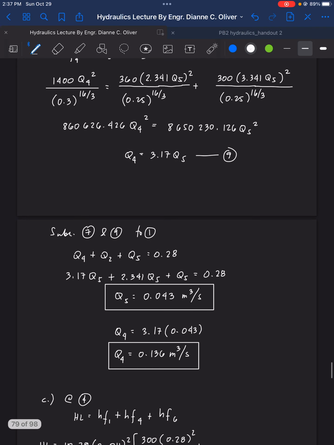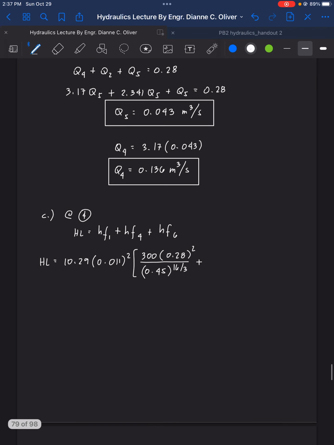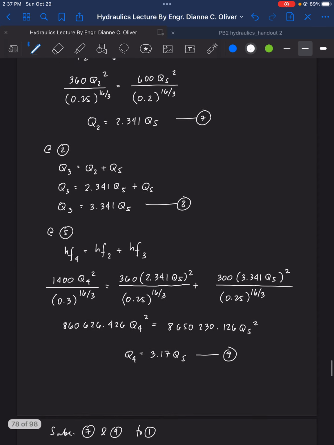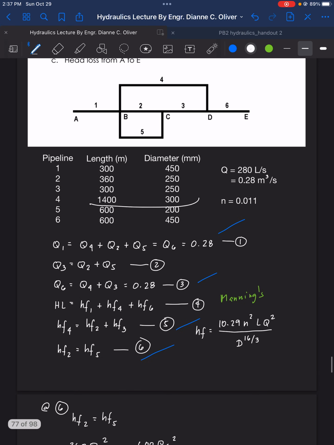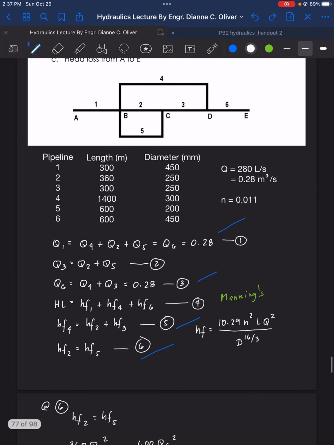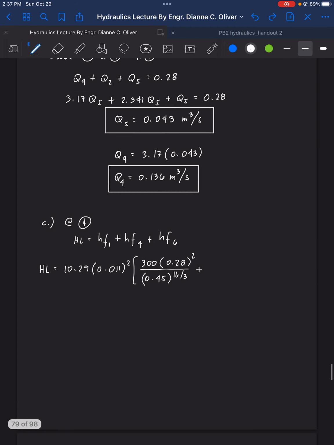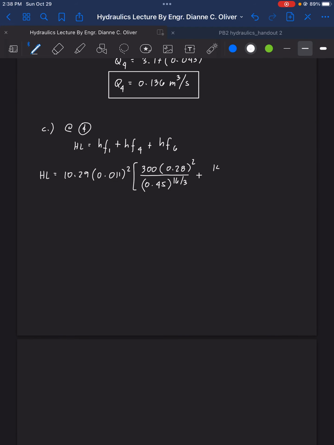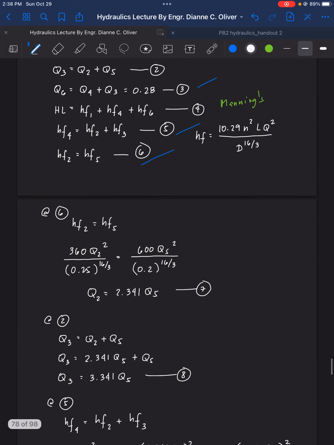For our HF4, the pipe is 1,400 and 300. So 1,400 times Q, 0.136 squared, all over the diameter of 300, plus HF6.